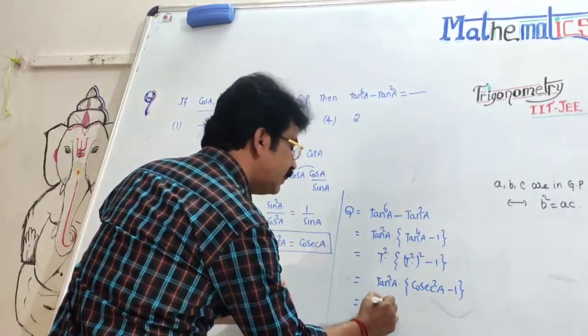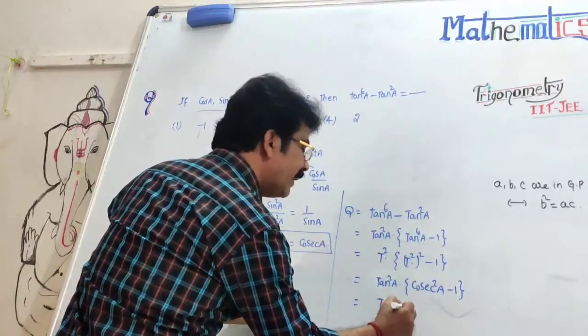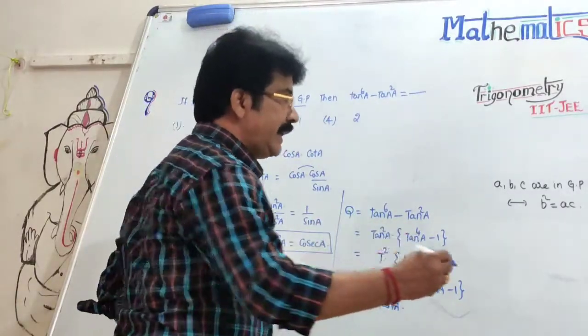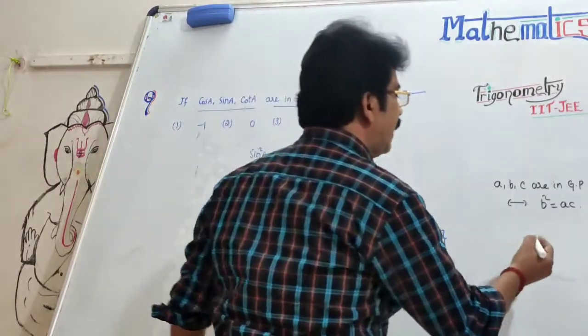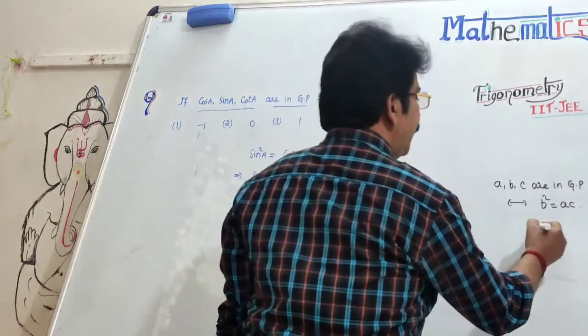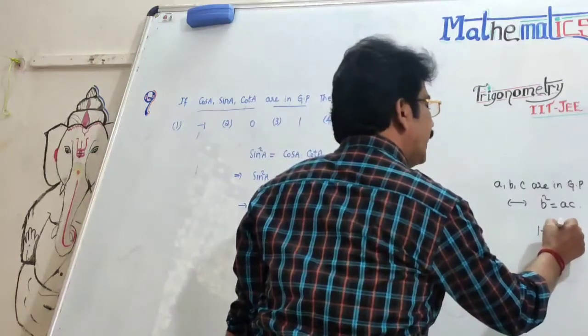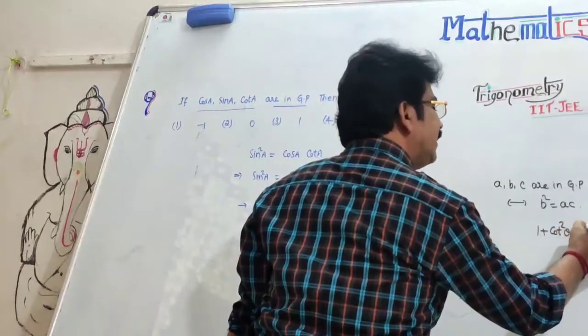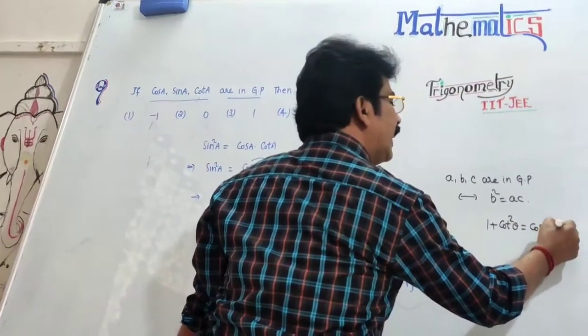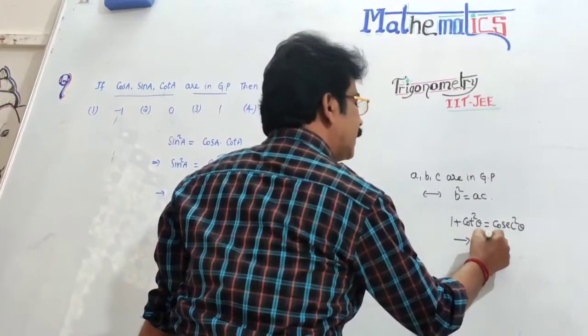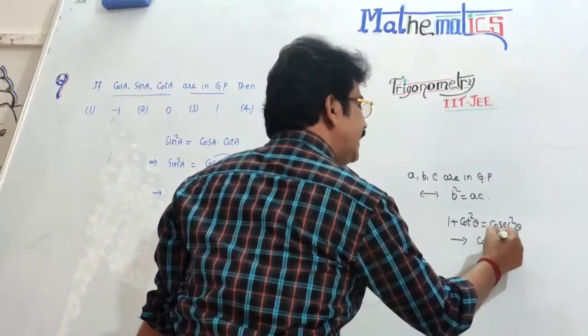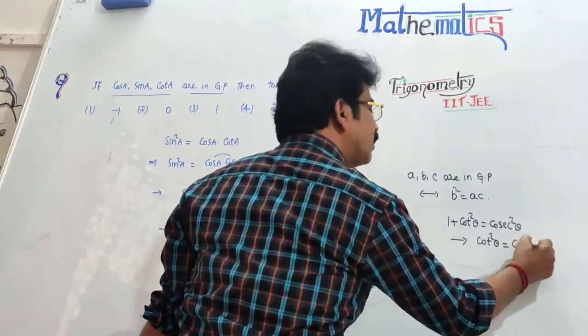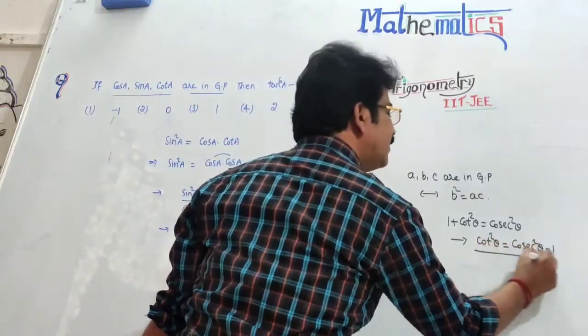That is equal to tan square a into, actually, I said one basic formula, a fundamental formula: 1 plus cot square theta is equal to cosecant square theta. Thus, cot square theta is equal to cosecant square theta minus 1.